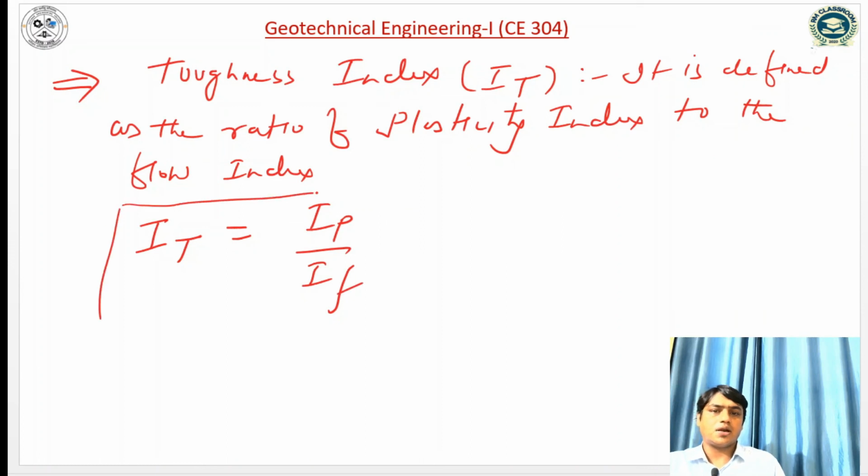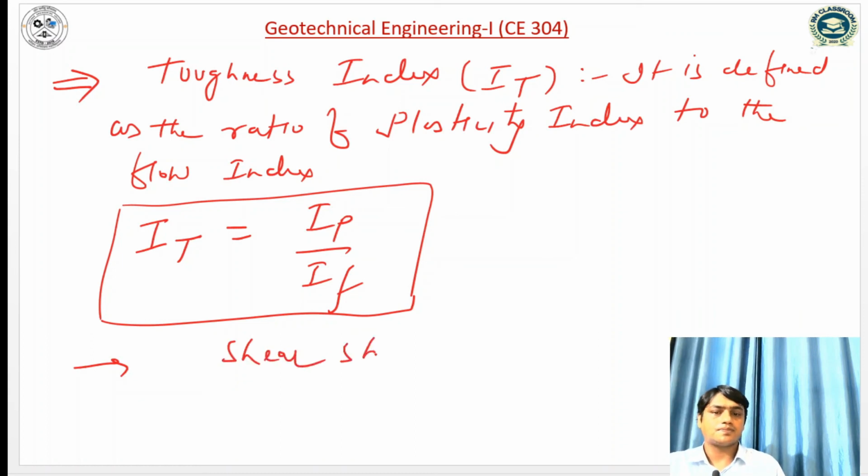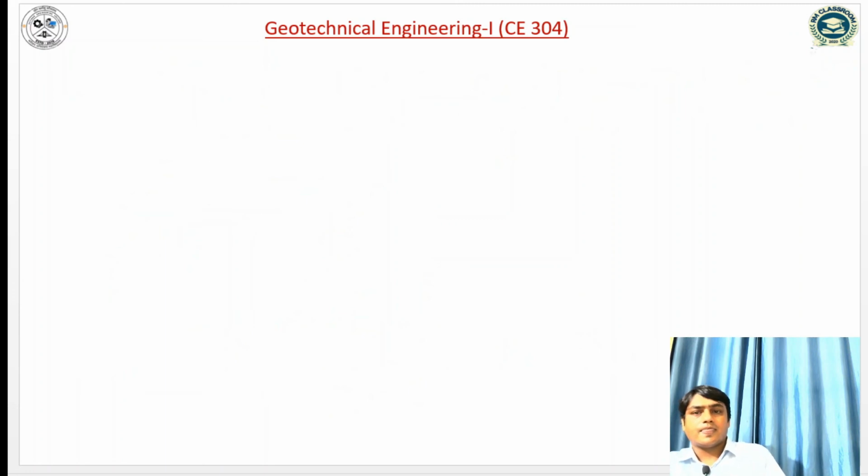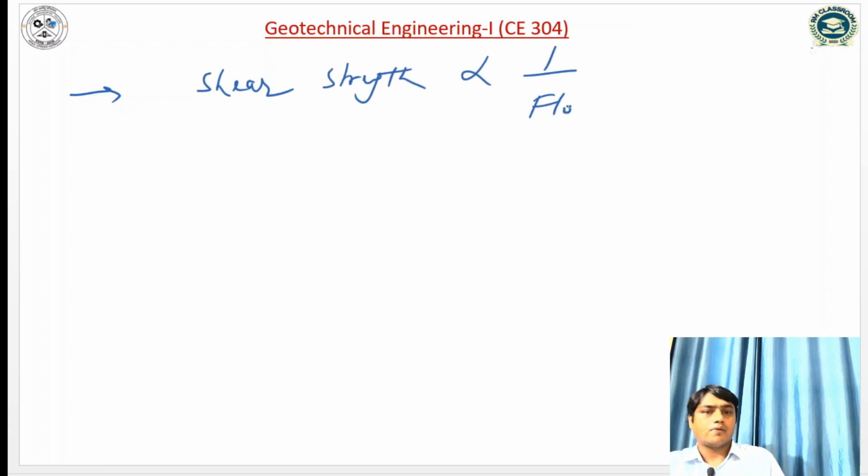As I told you in the previous class, the flow index is inversely proportional to the shear strength of soil. So the shear strength of soil is directly proportional to the toughness index, and shear strength is inversely proportional to the flow index.